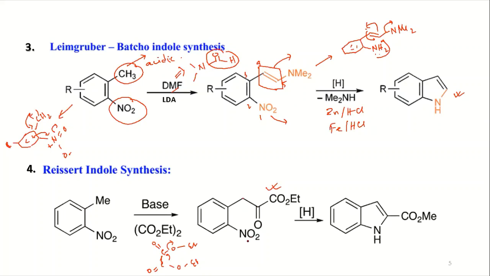Now you do the reduction, so nitro will be reduced to amine, again a selective reduction, and then the amine will attack, you have the C=C double bond and C=O double bond, so it will quickly form the ring. So let me write the formation of this. Now you have protons here, so what is going to happen is it will be aromatized.